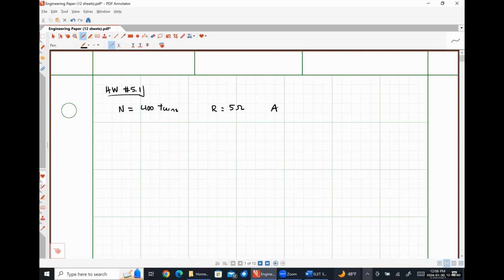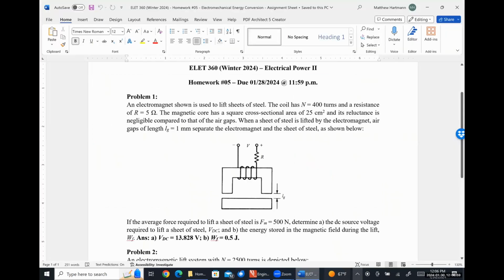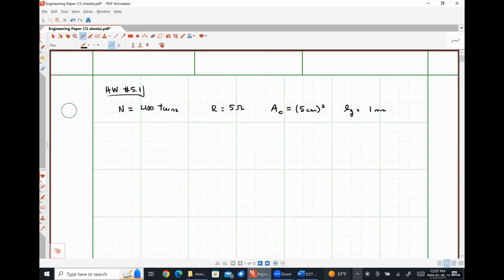The core area was 5 centimeters squared, and our gap length was 1 millimeter. And our mechanical force was 500 newtons, for what it's worth.